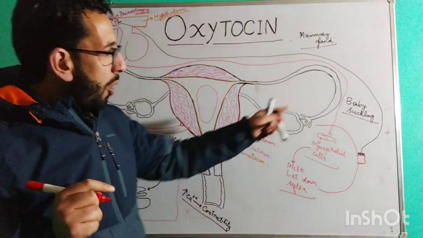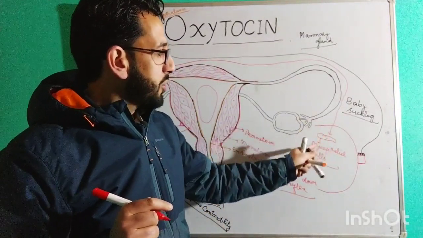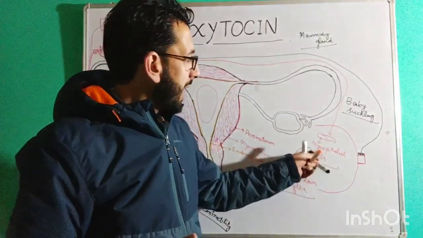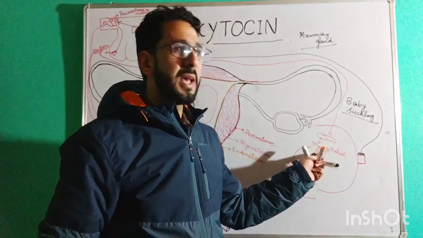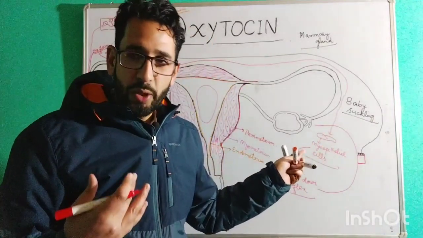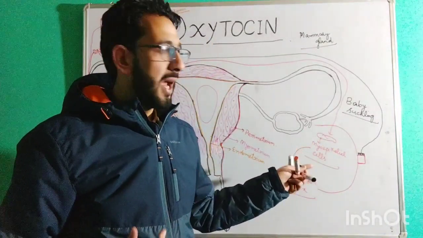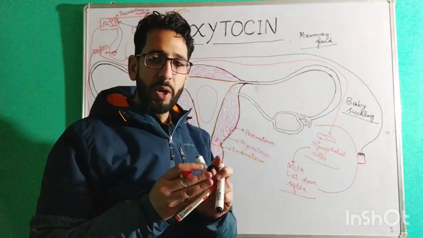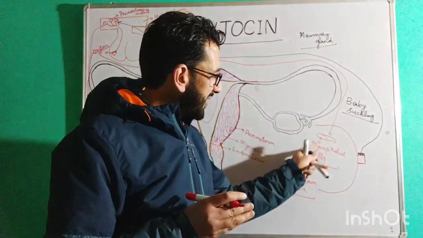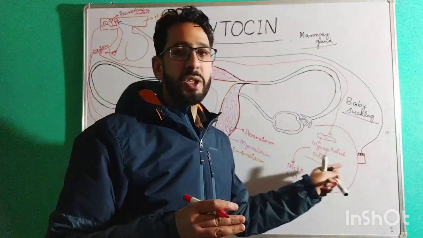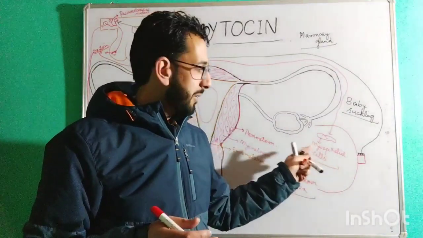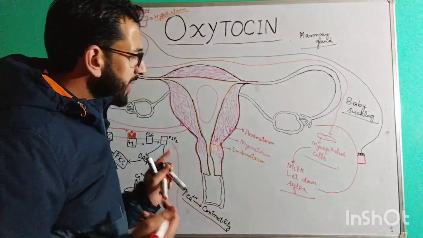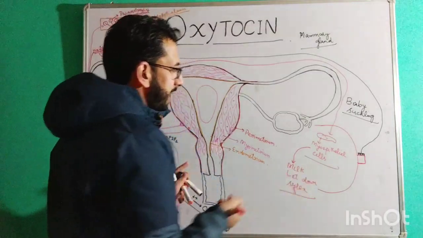One more time, oxytocin comes and acts on the myoepithelial cells in the mammary gland, and in those myoepithelial cells intracellular calcium is increased, then there is the contraction of these myoepithelial cells, and that contraction helps in the ejection of milk, so that the baby is drinking that milk. Fine. That process is called the milk let down reflex.